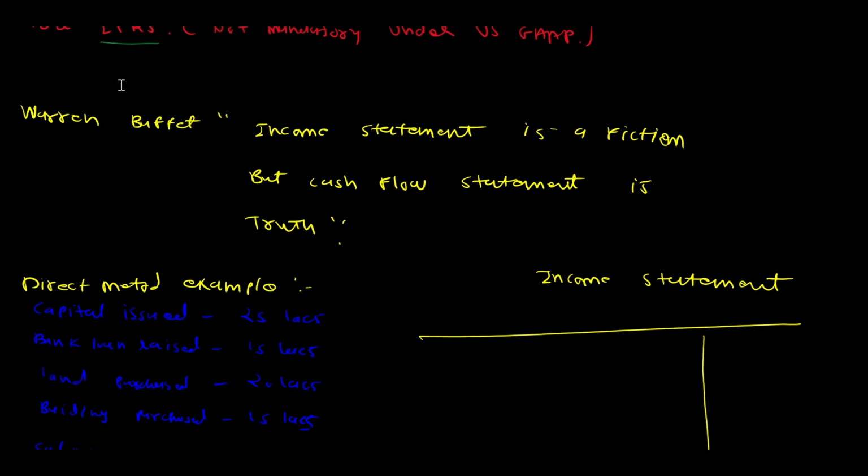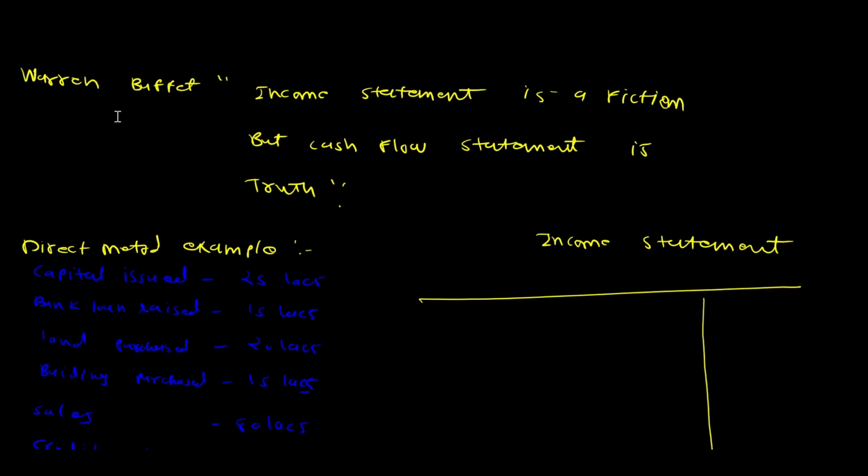One of the biggest investors in the world says about the cash flow statement that the income statement is a fiction, but the cash flow statement is the truth. You will understand why: the cash flow statement shows the reality of the business.